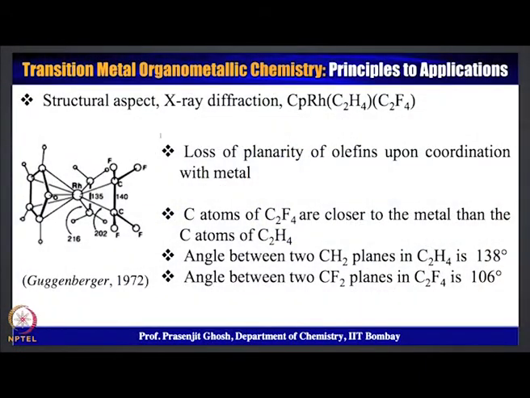So, with that, I would like to conclude the discussion that we have had in today's lecture, where we have looked into the reactivity of transition metal olefin complexes, particularly with respect to the sigma donation and pi back donation, which are reflected in the atomic charges, as well as the characterization by IR, where one can look at the CC double bond, and from the extent of the decrease in CC double bond stretching to lower energy, one can guess to what extent this forward sigma donation or pi back donation has happened.